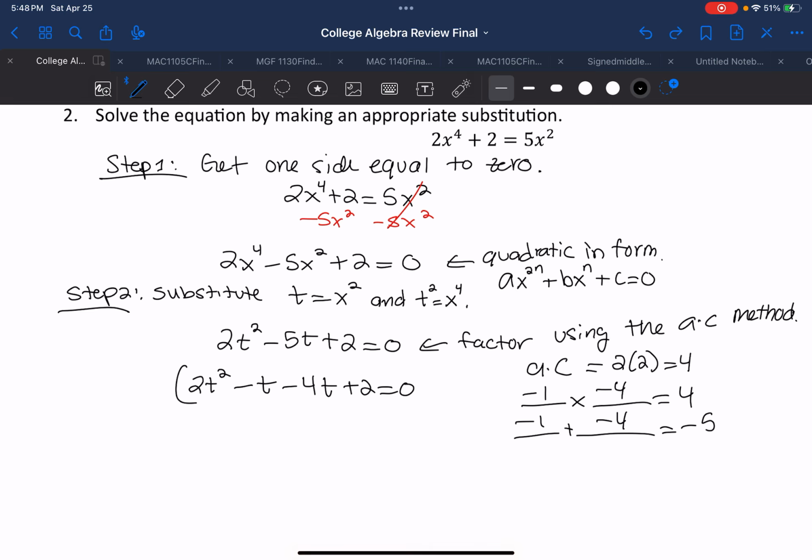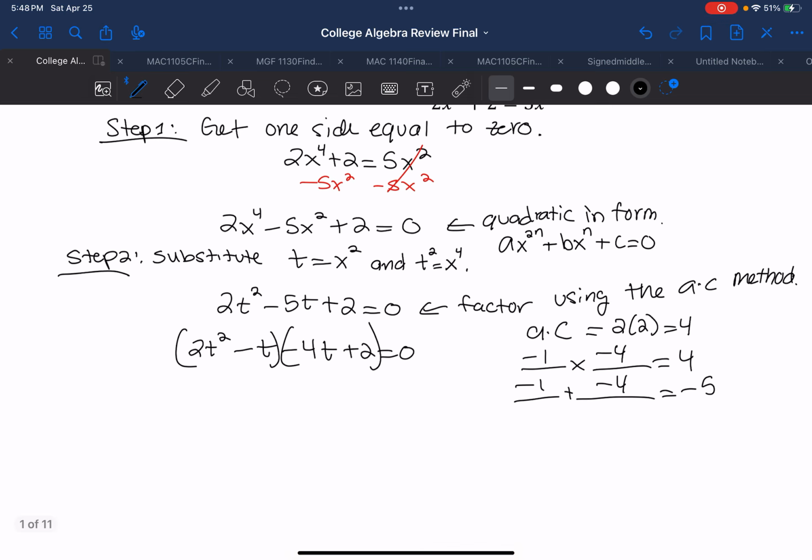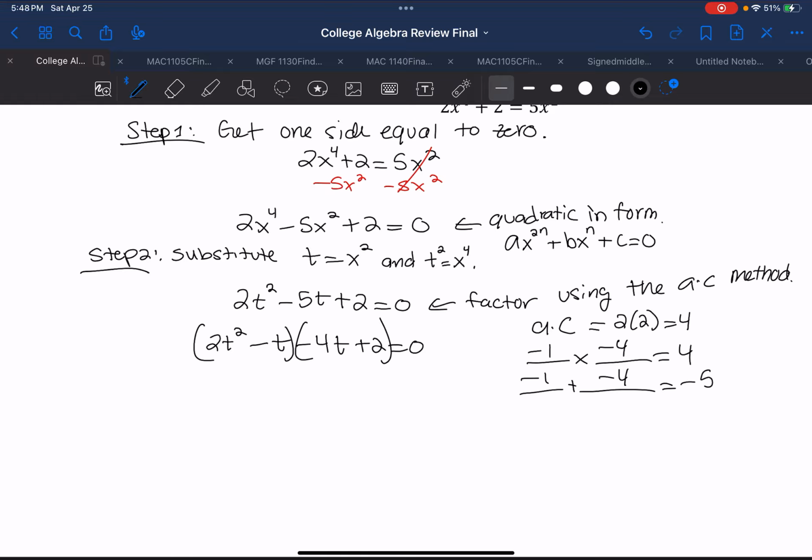So this is one of the methods we learned about factoring quadratics when a is not equal to 1. On the first group, they have a common factor of t, so I pull out the common factor of t, and that'll leave me with 2t minus 1. And then in the second group, they have a common factor of 2, but because it starts with a negative in front of that 4, I'm going to pull out negative 2.